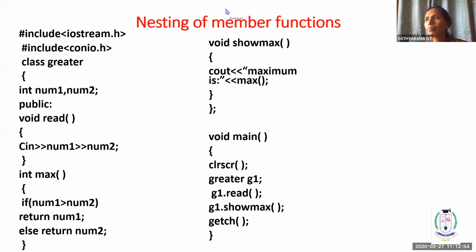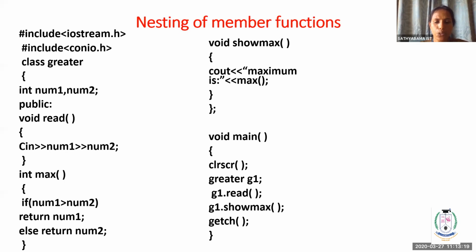So it is returned back into this showMax. Since it is written in the cout statement, the output is printed here. Now, as usual, in the main program, you create an object for this particular class, and by using this object, first you have to call the first function.